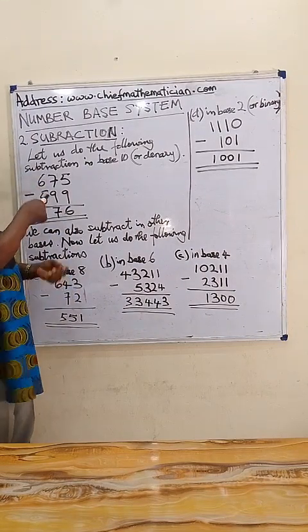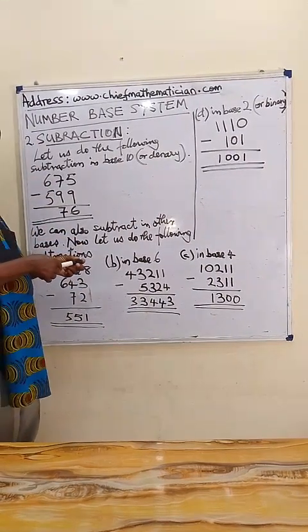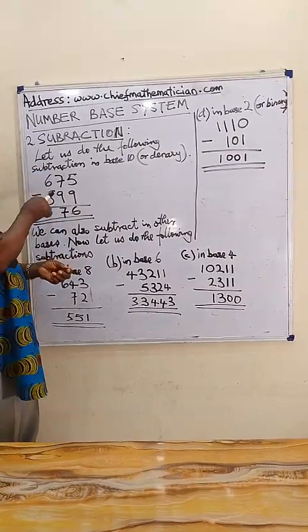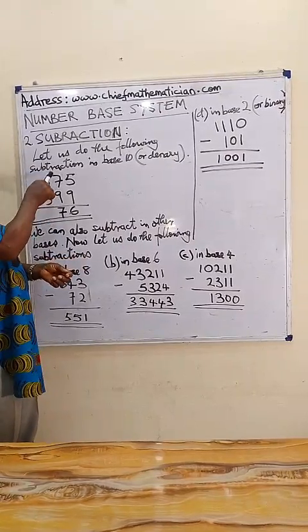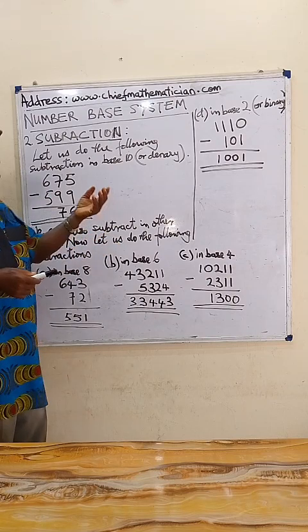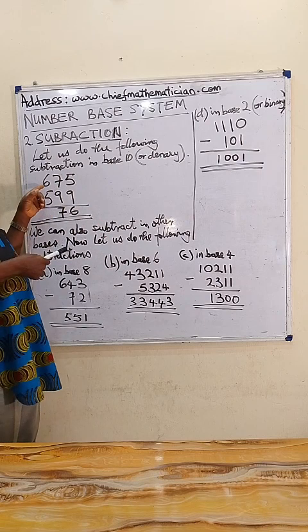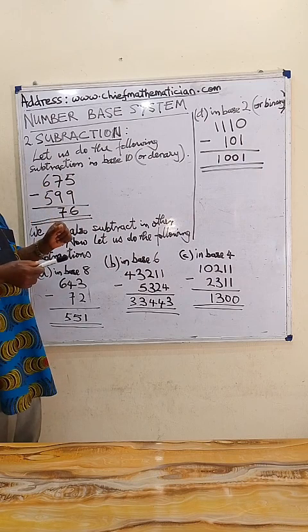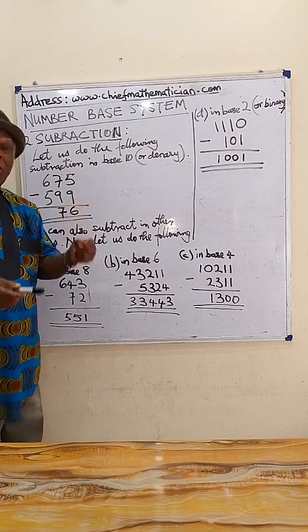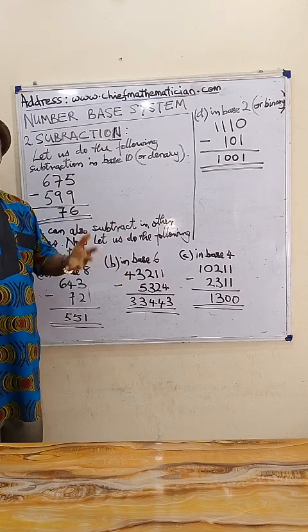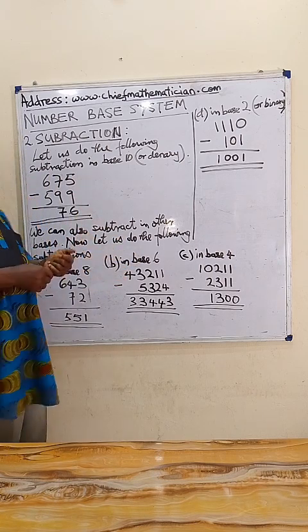Here you have 6 as a remainder after borrowing 1 from 7. 9 taken from 6 is not possible. So you go back again to borrow another bundle of 10. So you go to 6 and borrow 1. The one you are borrowing is one bundle of 10 because you are working in base 10.